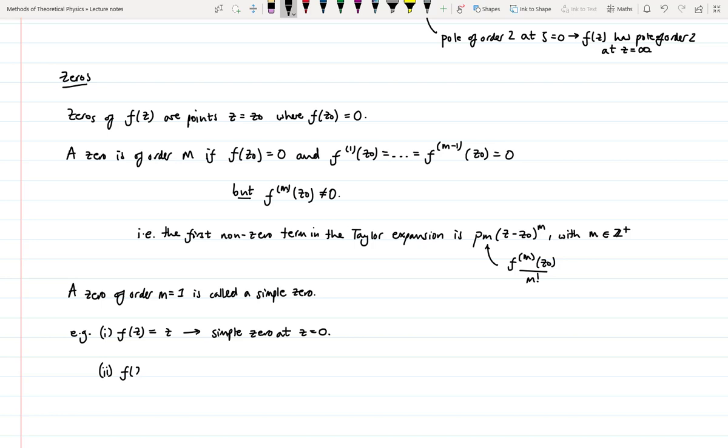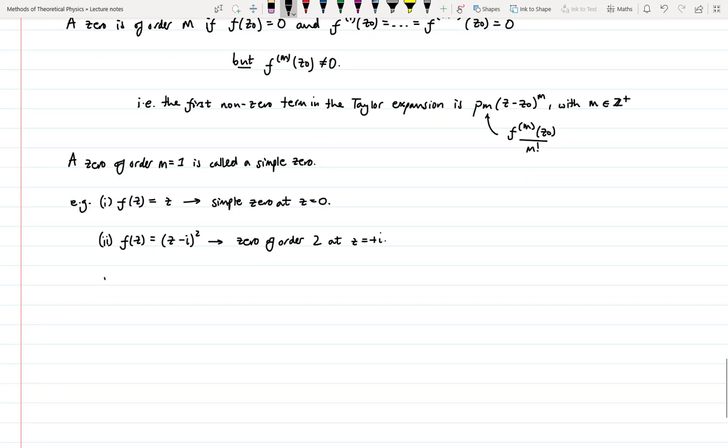What about this one? z minus i squared. Well, we can see that this function vanishes at z equals i, and by the fact that this is its own Taylor series, we can identify that as a zero of order 2 at z equals plus i.